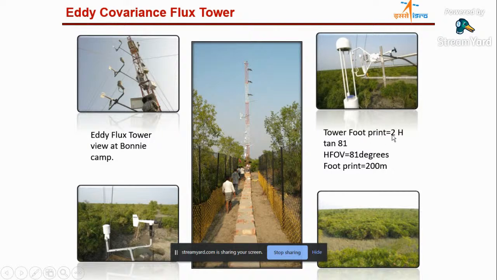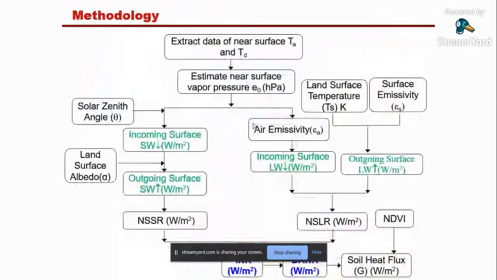The tower height is some 30 meters, and according to the equation given in the literature, 2h tan 81 gives a footprint of 200 meters. So whatever readings we get from this flux tower will be applicable within the 200 meter footprint limit.